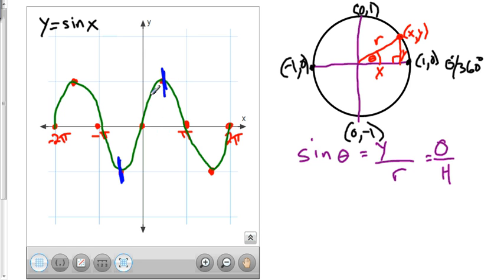I should have labeled these as positive 1 and negative 1: it reaches the height of positive 1 and the bottom of the wave is negative 1. So let's look at what our graph's going to be. This point right here was an x value of negative pi over 2 and a y value of negative 1. Well, in any inverse, we switch that around.